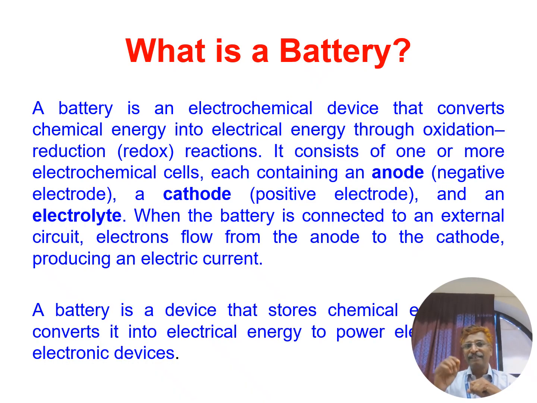When the battery is connected to an external circuit, electrons flow from the anode side to the cathode side, producing an electric current. Overall, a battery can be simply defined as a device that stores chemical energy and converts it into electrical energy to power electric vehicles and electronic devices.